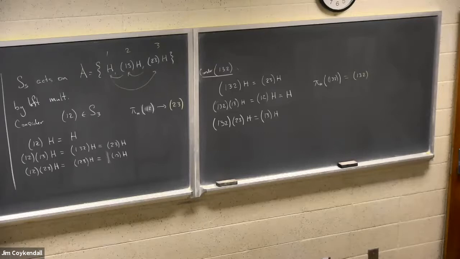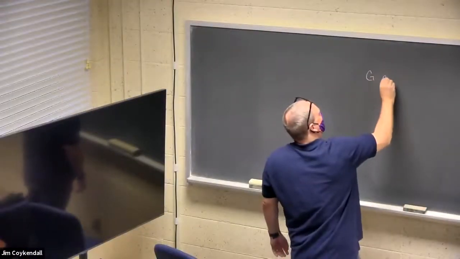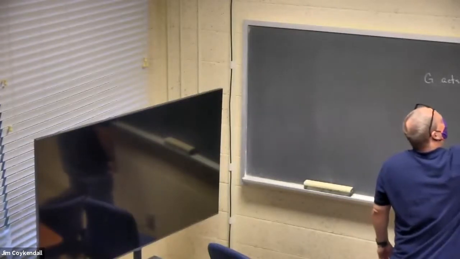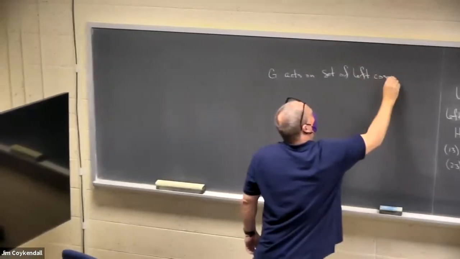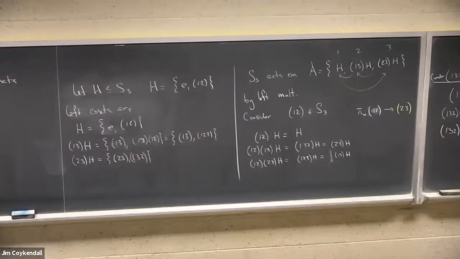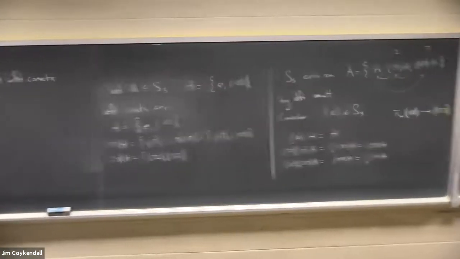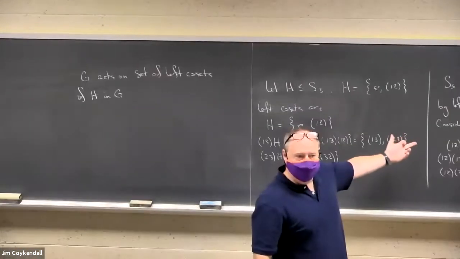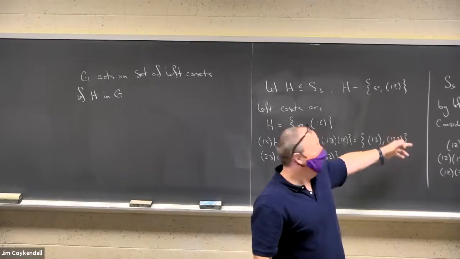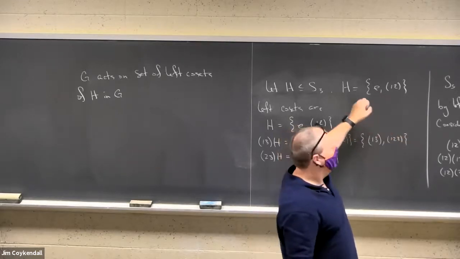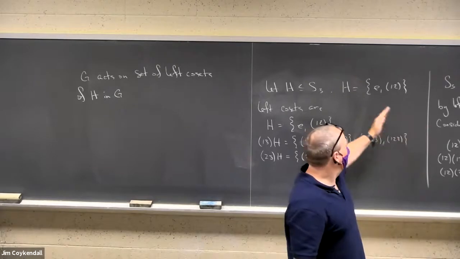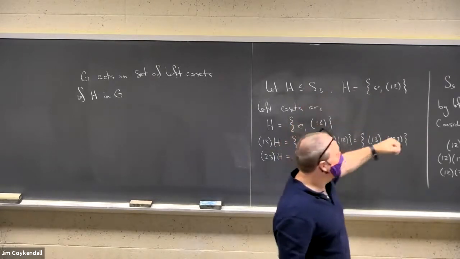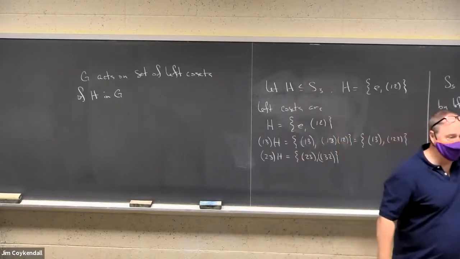Action: G acts on a set of cosets of H. This example is a good one for this, because this is exactly what we did here. What I refer to in the theorem as phi is the homomorphism whose input is elements of the group, in this case S3, and whose output is permutations of the set.